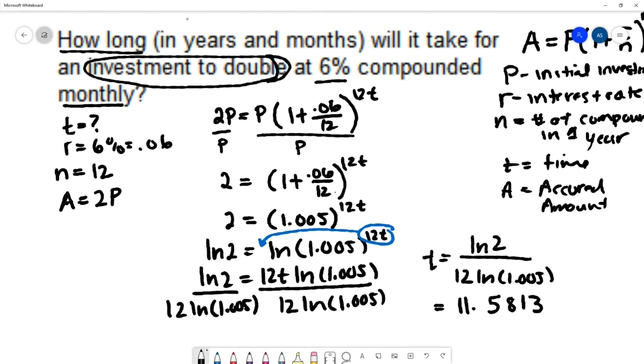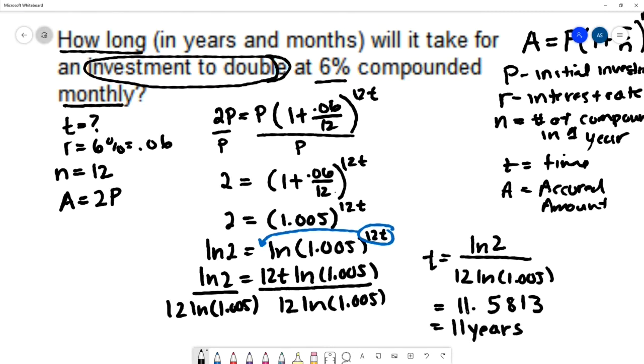And in the directions it says how long in years and months. So this time is in years. So this is 11.5813 years. So the 11 here is referring to years, 11 years.